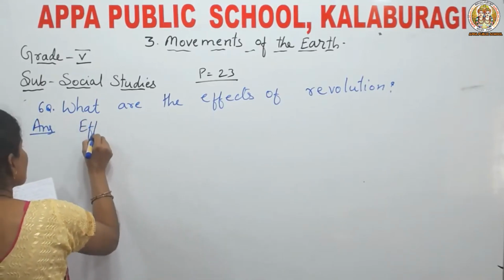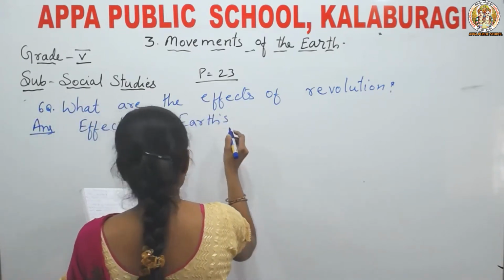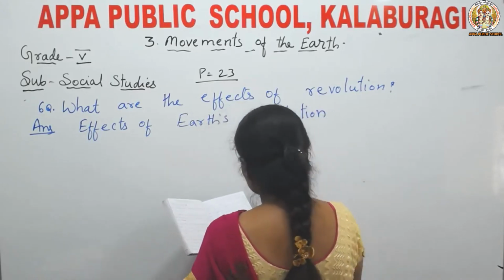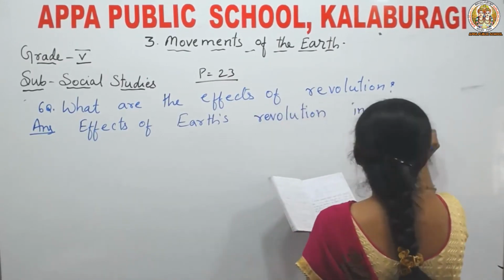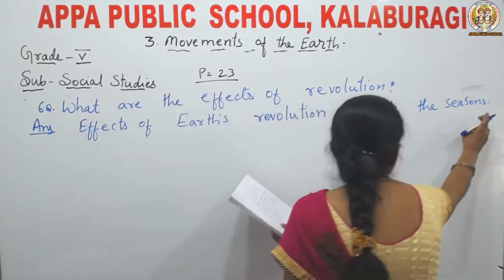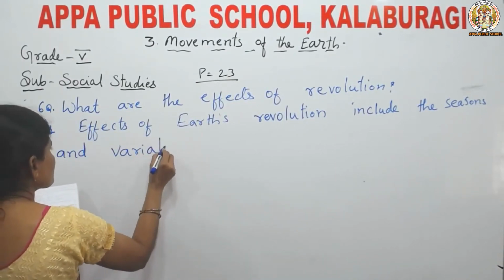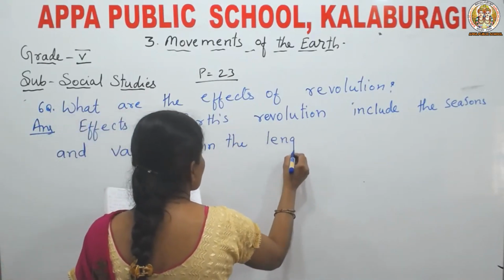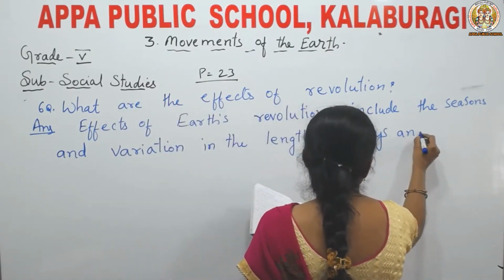Effects of Earth's revolution include the seasons and variation in the length of days and nights.